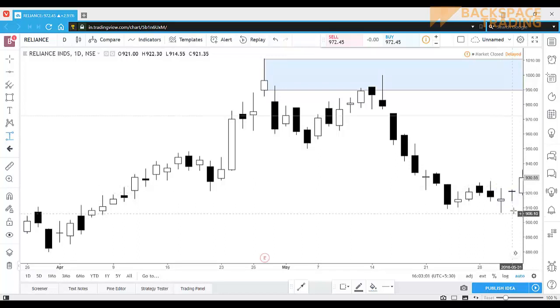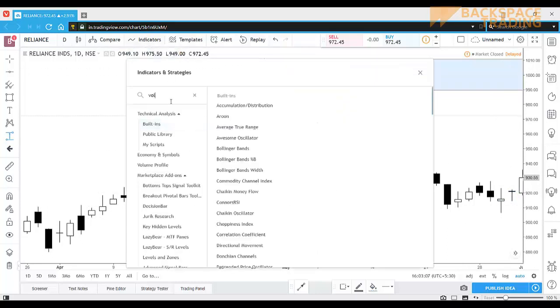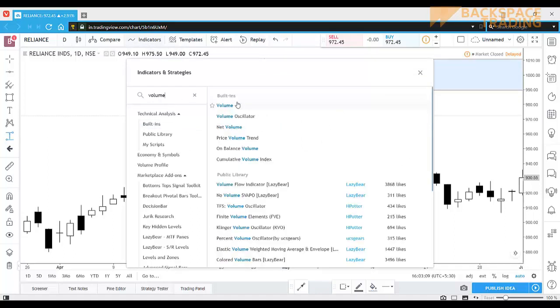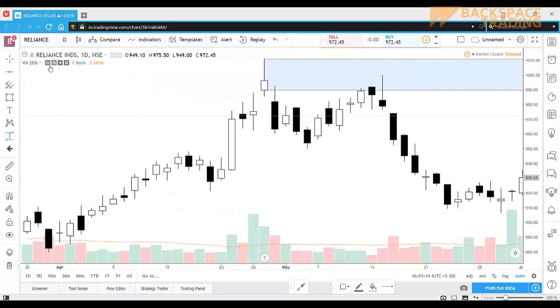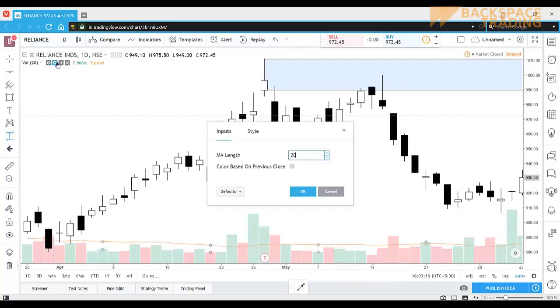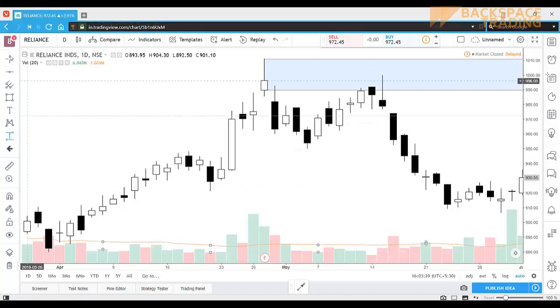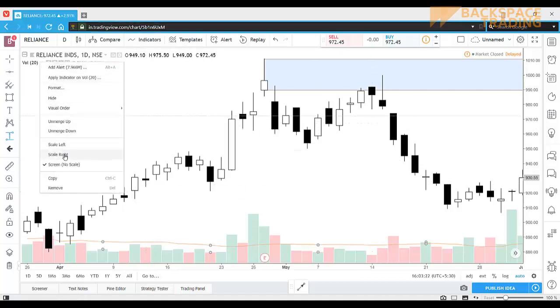What happened here? Let me bring you the concept of volume as well. Indicators, volume. I'm going to plot a volume meter. Let me plot this volume separately. Oh my god, no, not here. Here. Unmerge down.